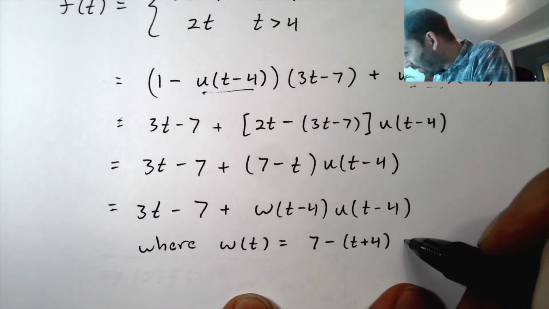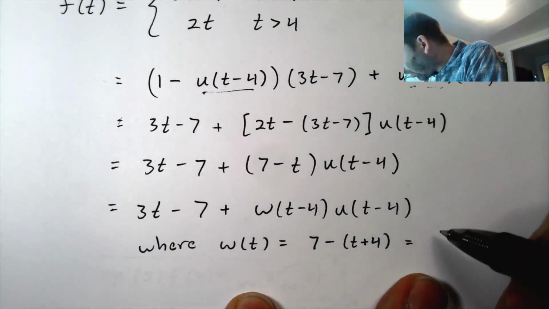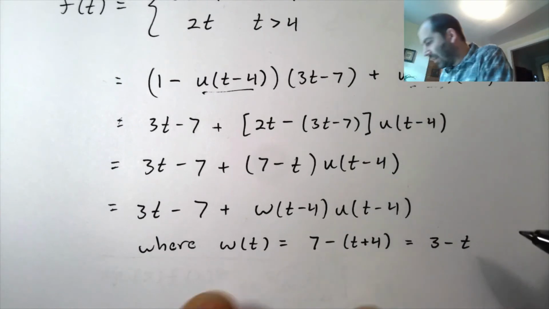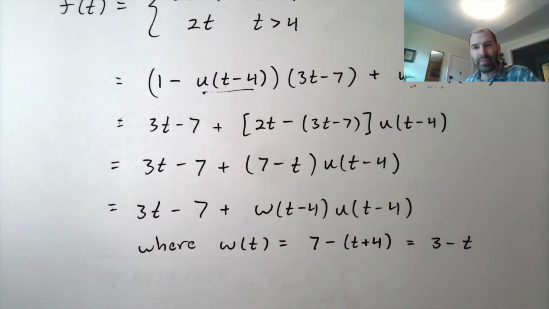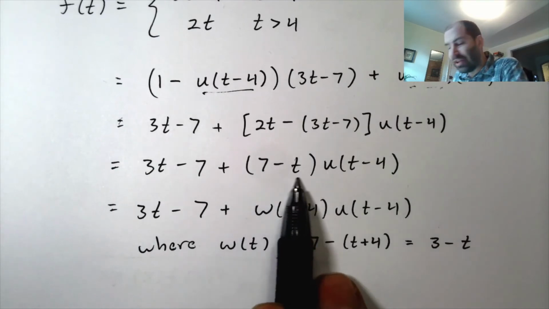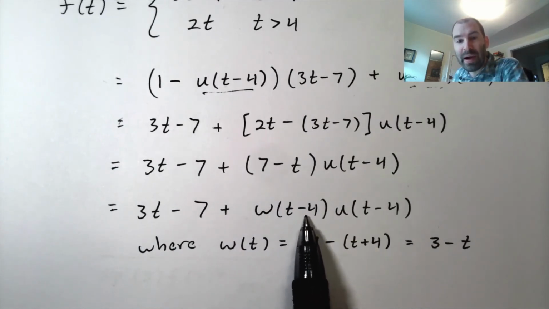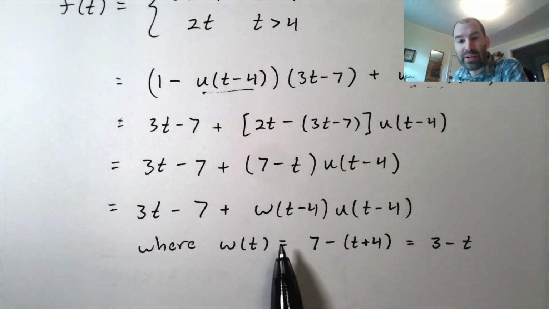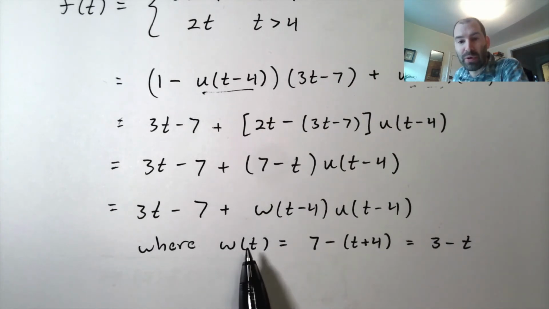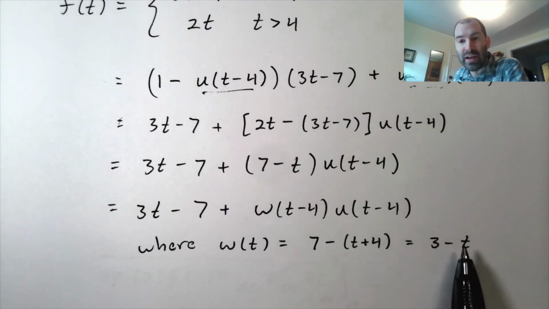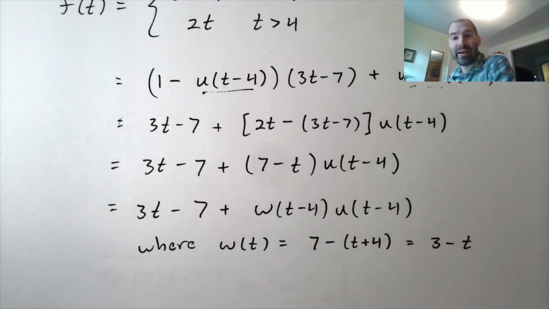Well, what's that? That is 3 minus t. Okay, so you see, we had a function here, and now we wrote it as a new function of t minus 4. And you see that if I plug t minus 4 into this function here, I get exactly back to this. They are the same.